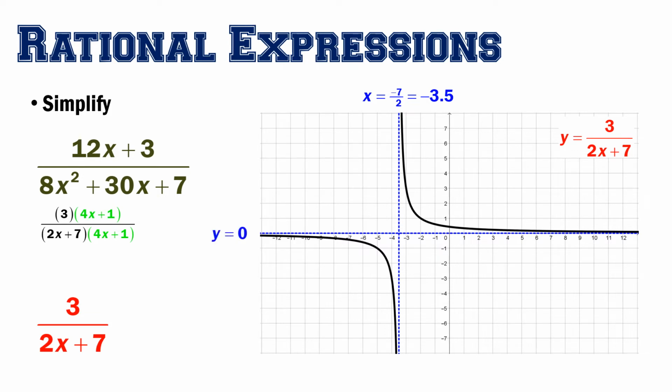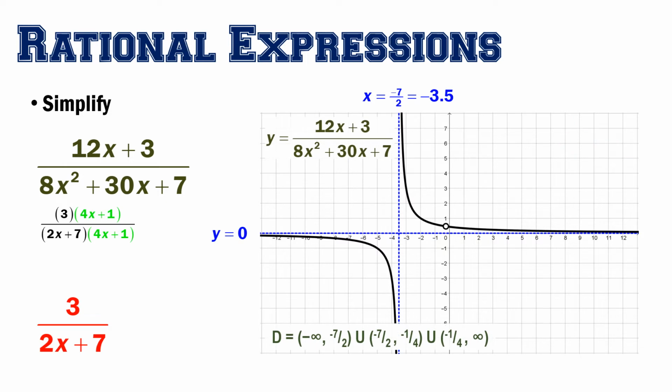Despite sharing a horizontal asymptote of y equals 0, this particular graph does not represent our original rational expression, as it fails to show the correct domain. This updated graph correctly represents the quantity 12x plus 3, divided by the quantity 8x squared plus 30x plus 7, because it shows both asymptotes as well as the removable discontinuity occurring at x equals negative 1/4.